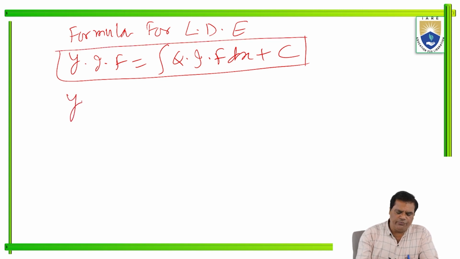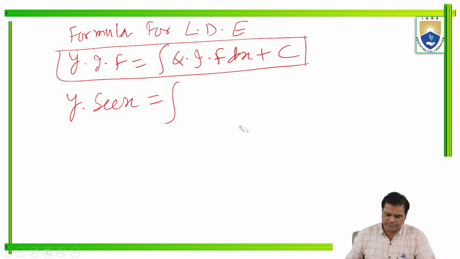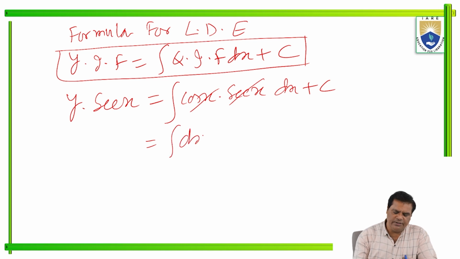So here y into IF is y sec x, equal to integral of Q into IF dx plus c. What is Q here? Q is cos x, IF is sec x, and dx plus c. So cos x and sec x cancel. Here is only dx plus c. So integral of dx is x plus c.